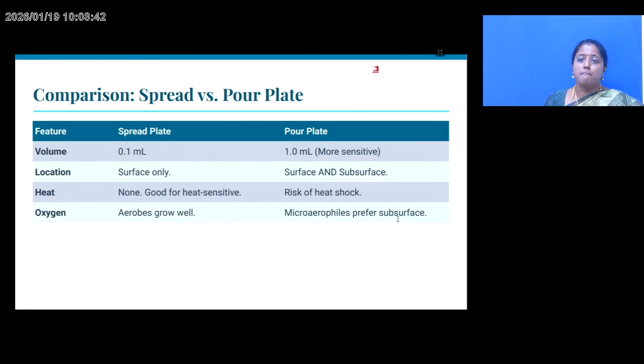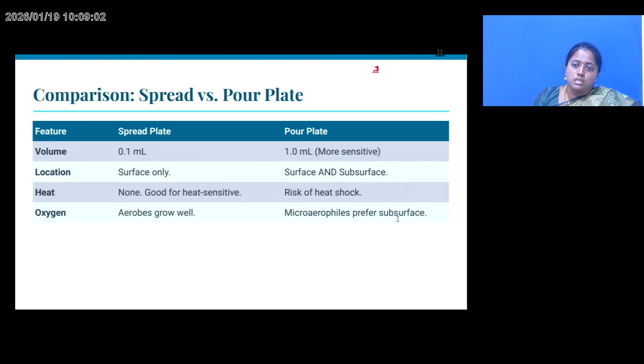We can compare the spread plate method and pour plate method. In spread plate, we use 0.1 ml of the sample, but in pour plate we use 1 ml. In spread plate, growth is on the surface only, but in pour plate, it is on both surface and subsurface, as the sample is already mixed with the media.